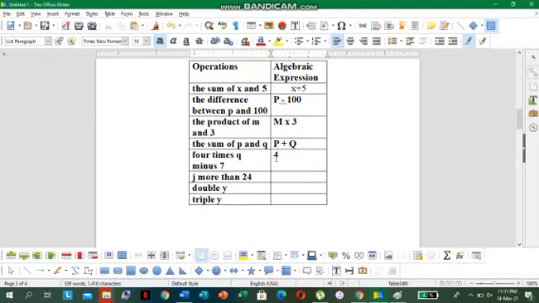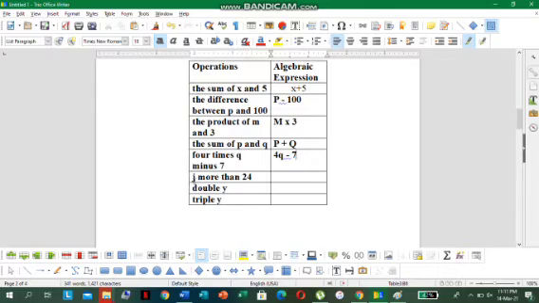We don't write it with a times sign, class. We just write 4q, because we have a constant and a variable there. Now the operation we are using is what? Minus. Minus means subtraction. So 4q minus what? 7. That's how we set out the algebraic expression for this one.